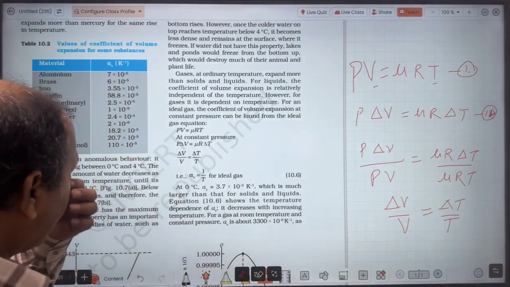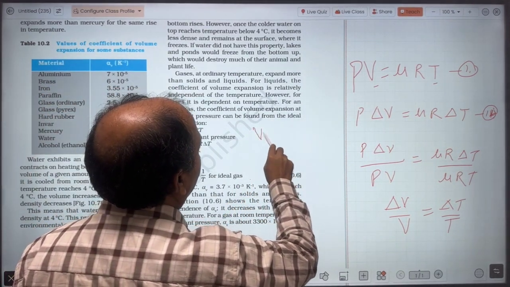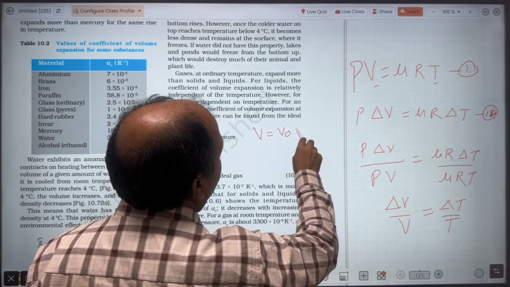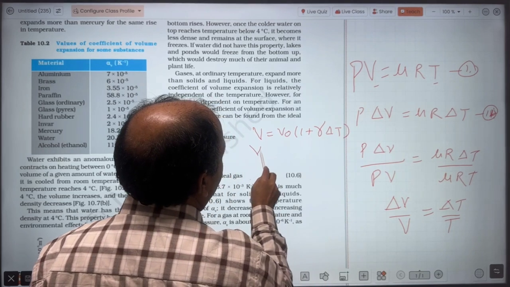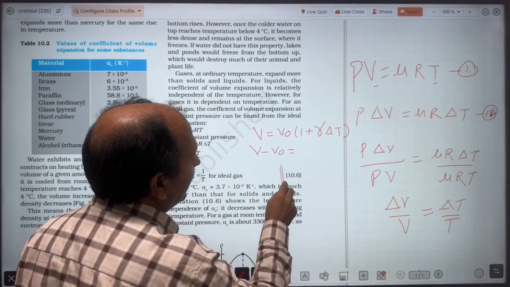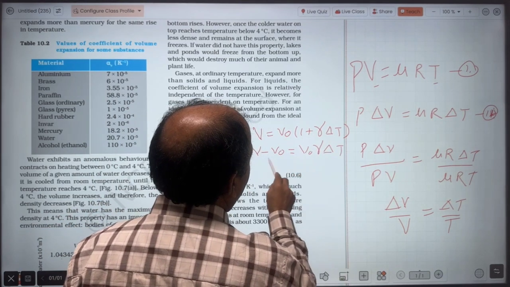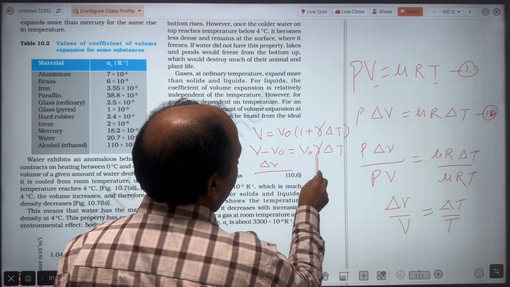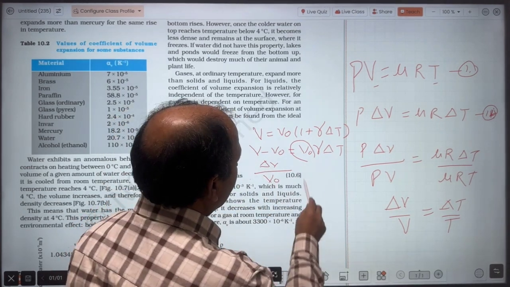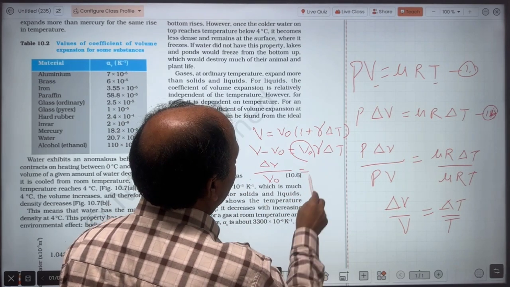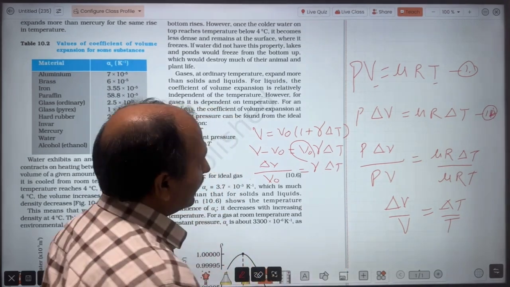If you remember the formula, when we wrote V equal to V0 times 1 plus gamma delta t, and then simplified it, V minus V0 equals V0 times gamma delta t. This is delta V, and this is V0, so delta V upon V is the same thing, equal to gamma times delta t, right?